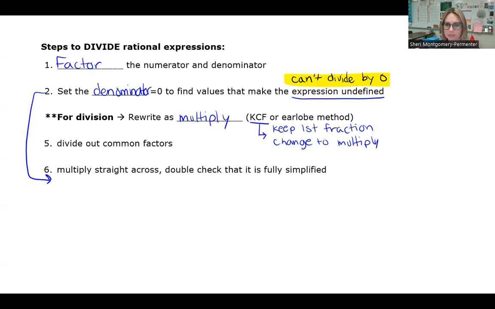And then we will flip the second fraction. And then once we have multiply, we will multiply straight across.